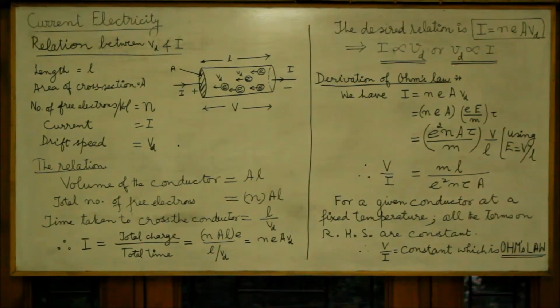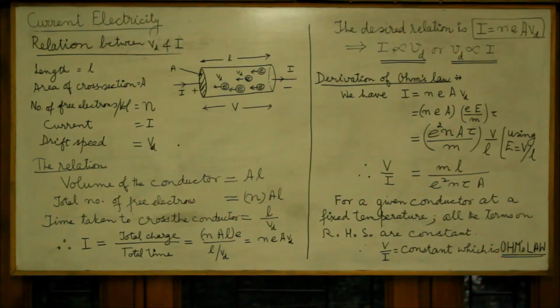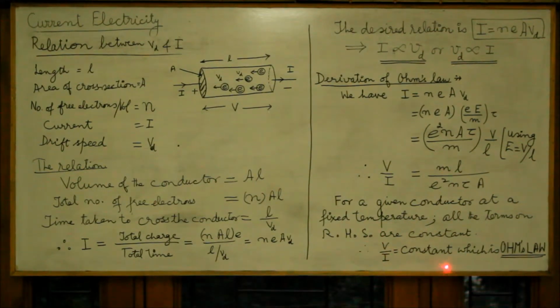Tau the relaxation time will remain constant if the temperature is kept fixed. For a conductor, L and A are also fixed quantities. Therefore, all the terms on the right hand side are constant, leading us to the relation V over I equal to constant, which is Ohm's law.